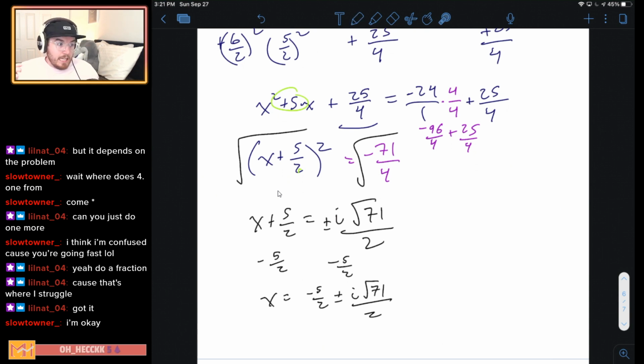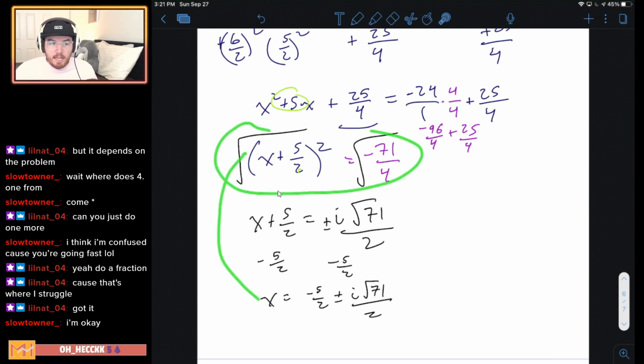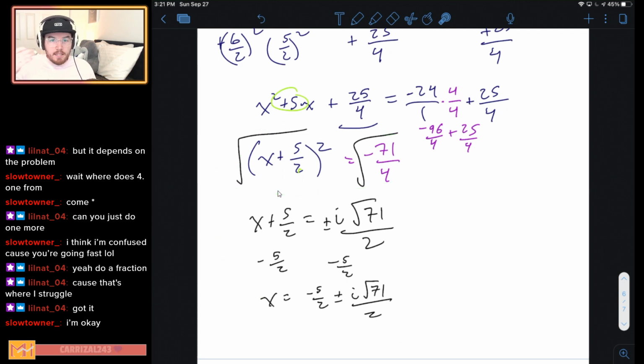And literally from this point on, it's the same as last class, right? Take the square root, get x on its own, and solve in whatever way that you can. Whether that's, can you actually add the numbers together? Is it just going to be a messy fraction? That depends on the problem. But we got the squared thing on one side and everything else on the other, so we can come in here, take the square root, and solve.